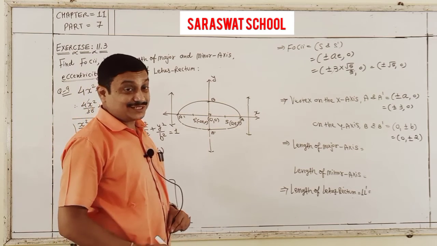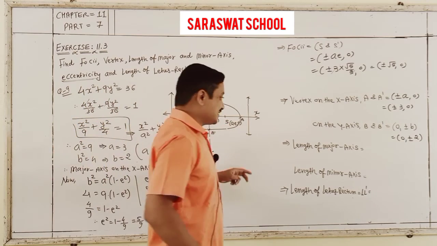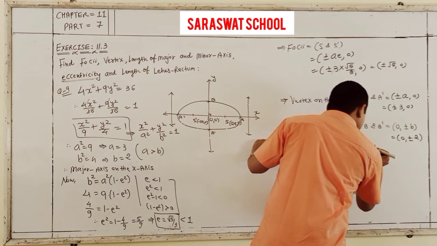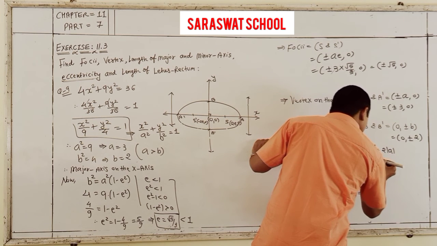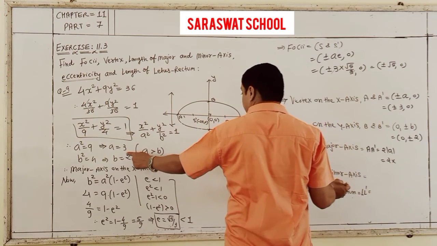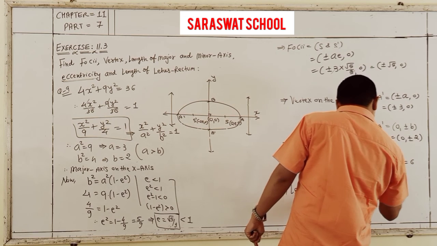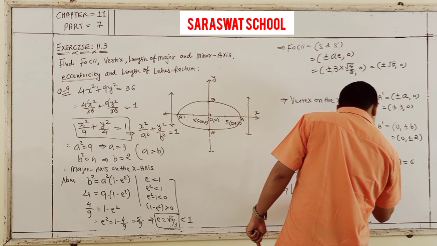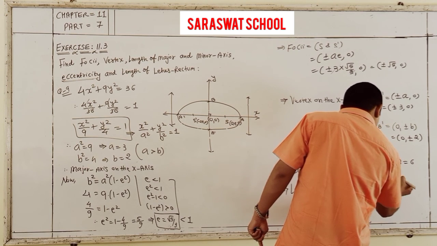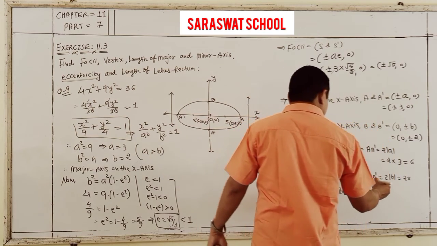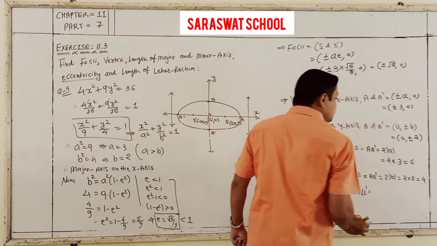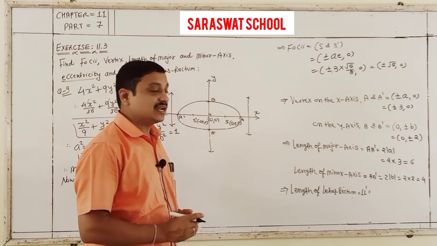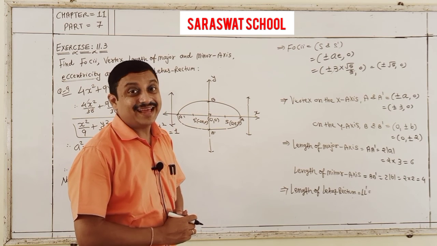Now length of major axis, A to A dash, is 2 modulus a. But what is the a? a is 3, so 6. Minor axis, B dash, is 2 modulus b. And what's the b? b is 2. Answer is 4. And last, length of latus rectum, L dash.